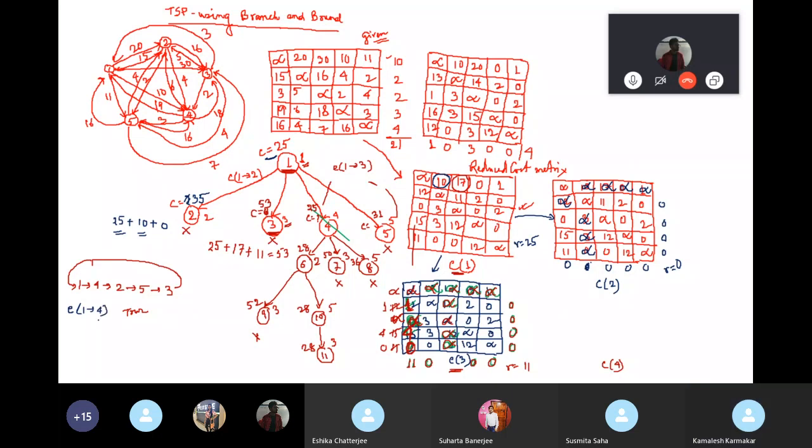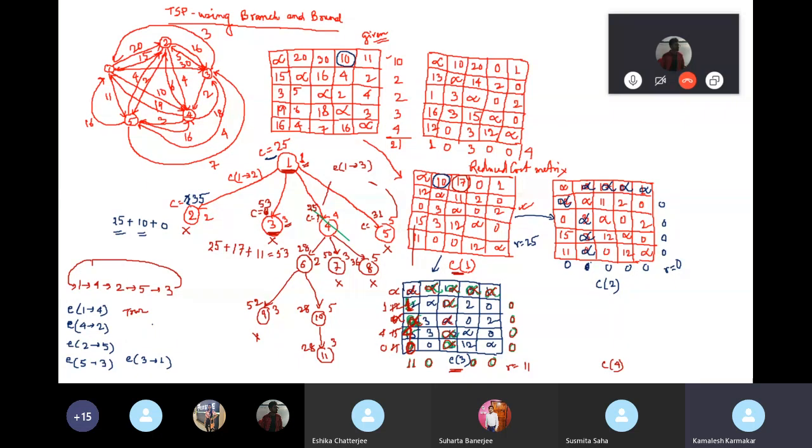Then plus the cost of the edge 4 to 2, cost of the edge 2 to 5, then cost of the edge 5 to 3, and finally edge 3 to 1. Edge 1 to 4, from the given matrix, this cost is 10.